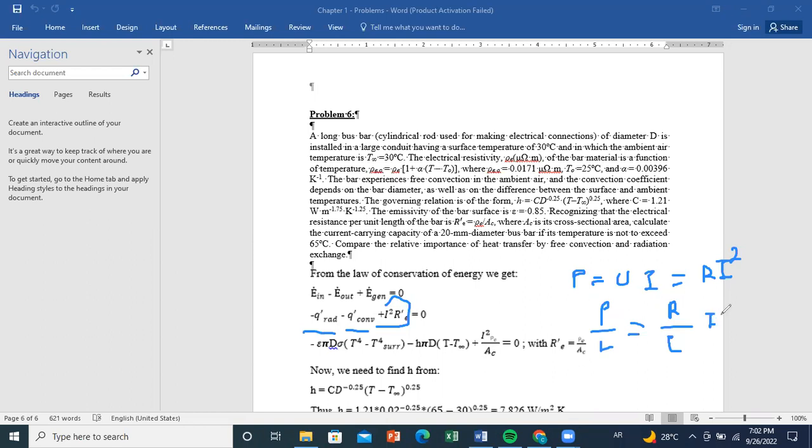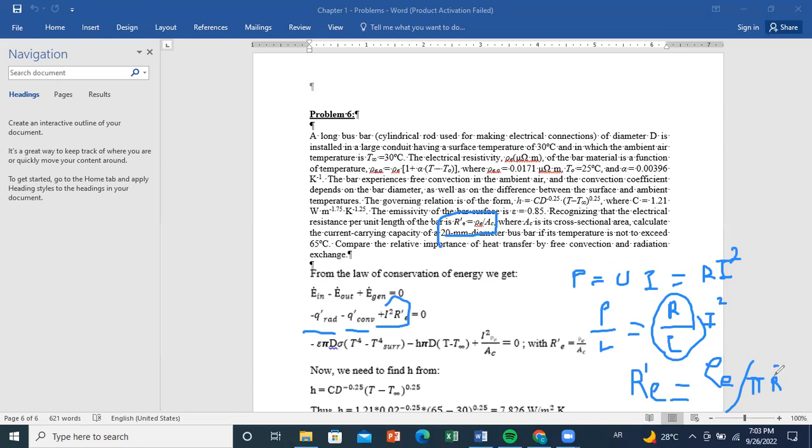In this problem, they gave us already R over L, because R over L is the resistance per unit length, and it's given to be equal to the electrical resistivity over the cross-sectional area of the rod. So we can replace here R over L by R prime electric, and R prime electric is equal to rho electric over the cross-sectional area, which is pi d square over 4 or pi r square.